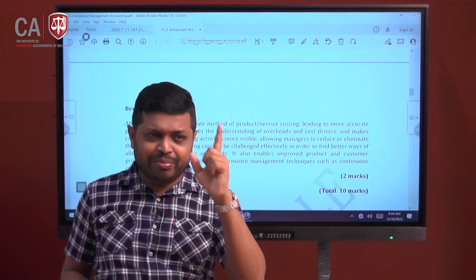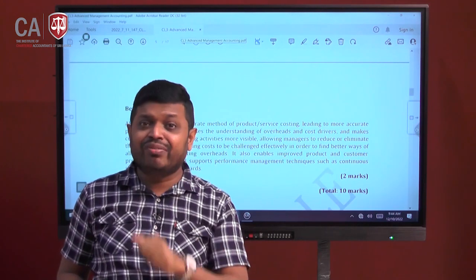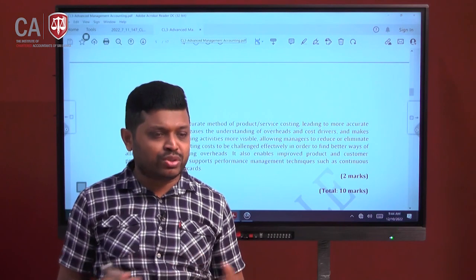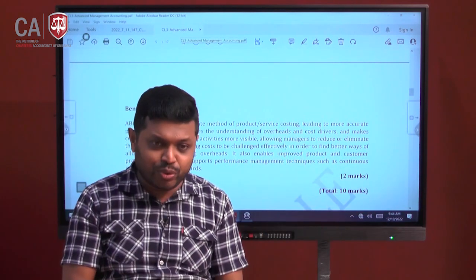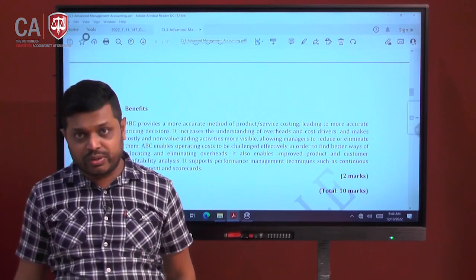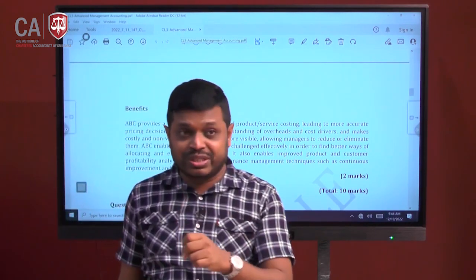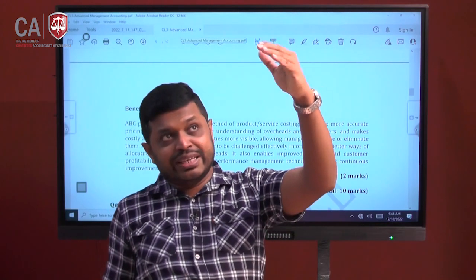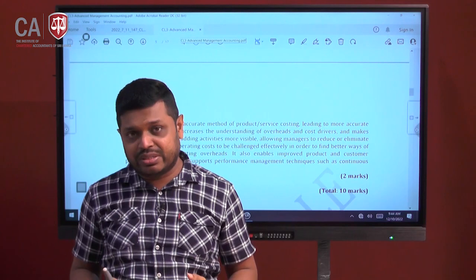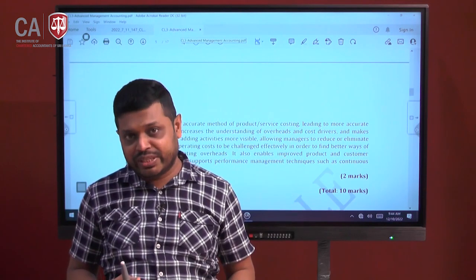Number 2, if you know step by step, or activity by activity, the cost driver, volume and related cost, you can identify what non-value added activities are available. Because in traditional absorption costing, you put all the cost into one pool and allocate using a common basis. There is no cost control. But in activity based costing, because it splits activity cost into activity drivers or cost drivers, you will identify major activities.